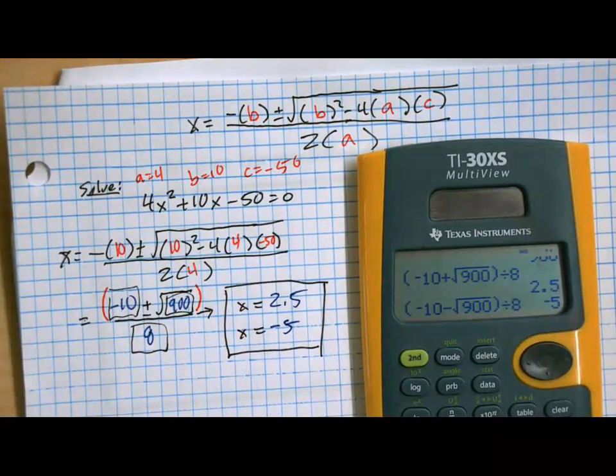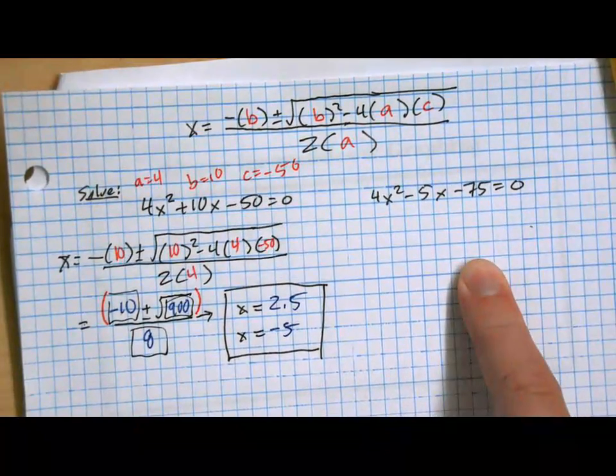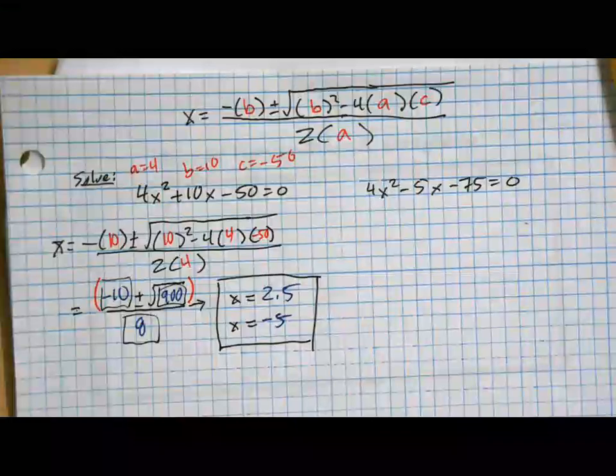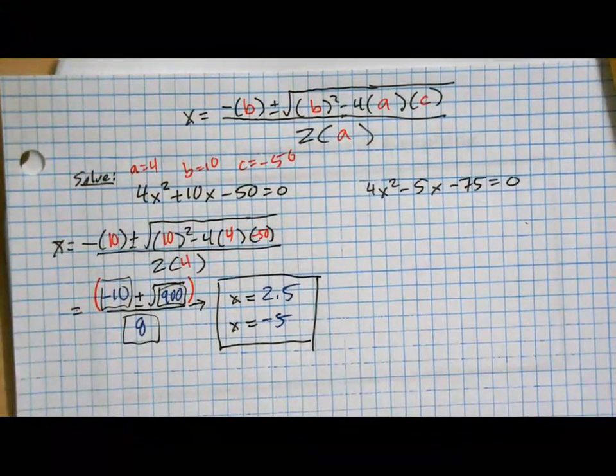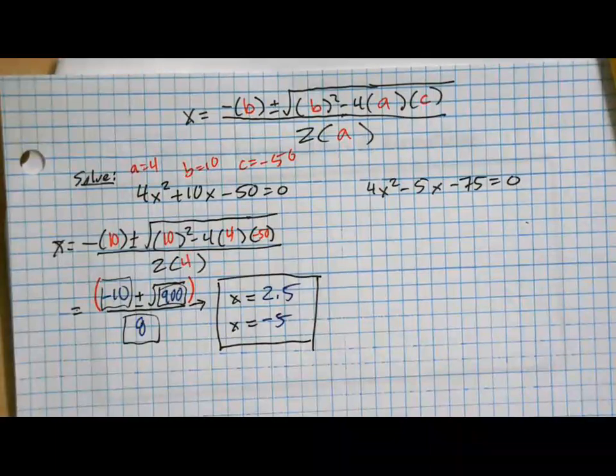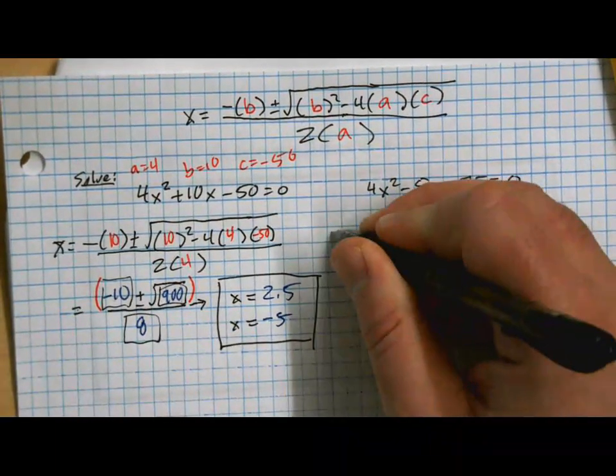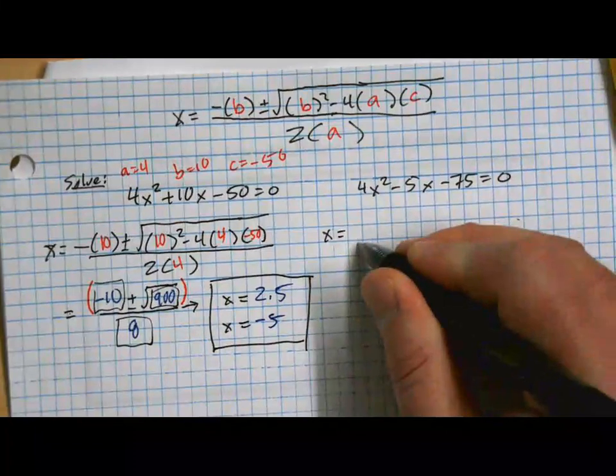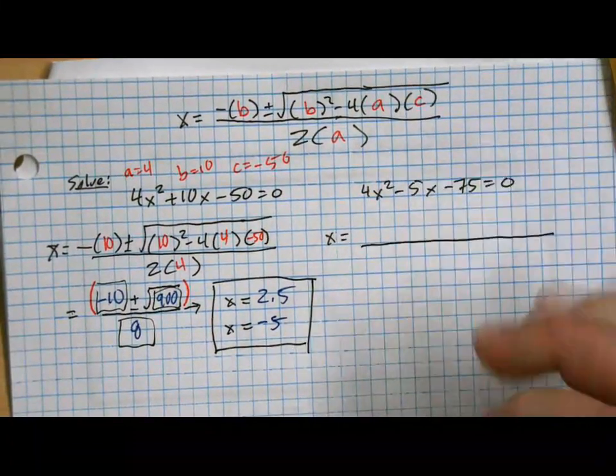Okay, that's not enough. So if you haven't already, I need you to do the second problem and follow the same steps. Your first step is going to be to write out the format with all the parentheses and square roots and everything else.